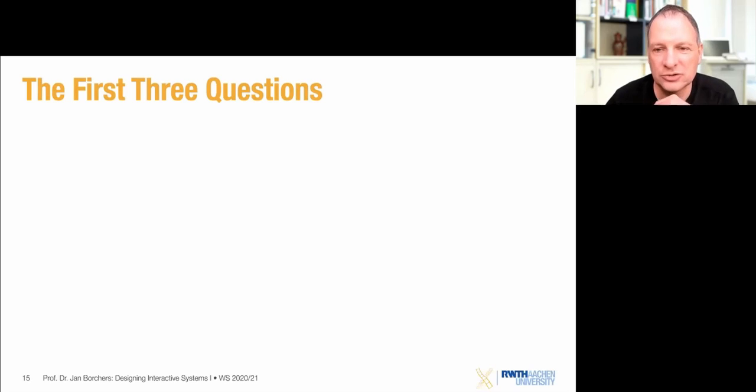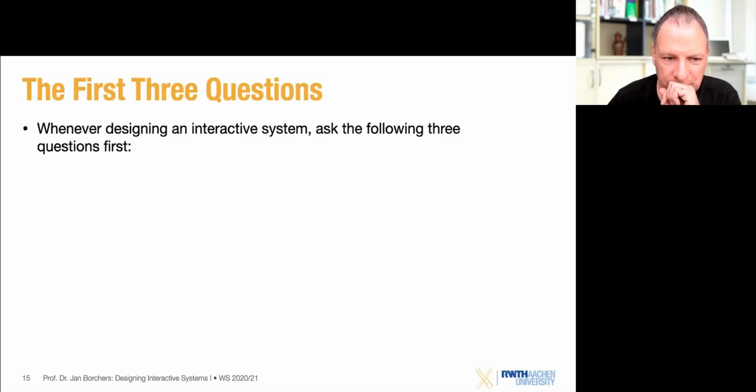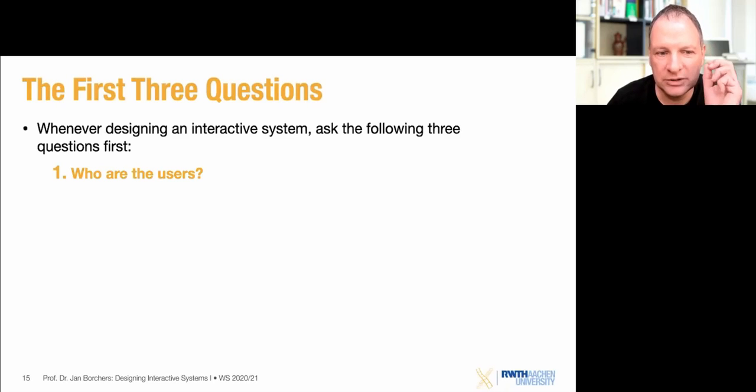The first question you need to ask yourself whenever somebody asks you to design a technical solution for somebody is: who is it for? Who are the users? So really understanding not just, oh, we need a new email system, but okay, who's going to be using this?